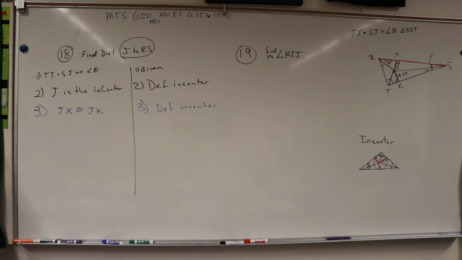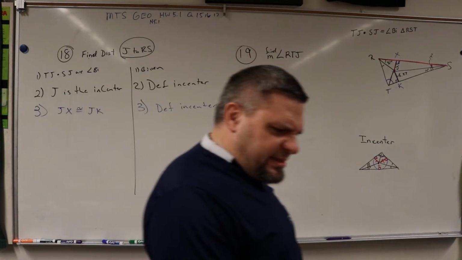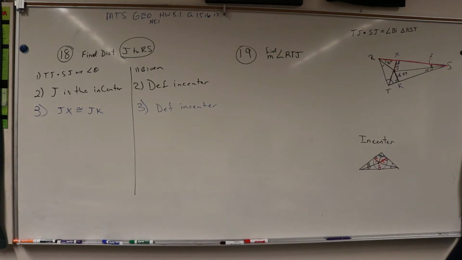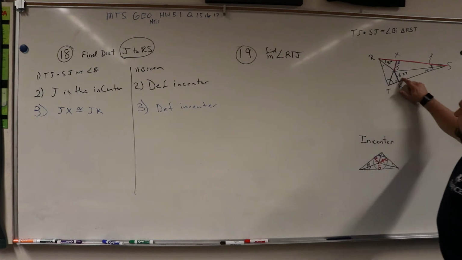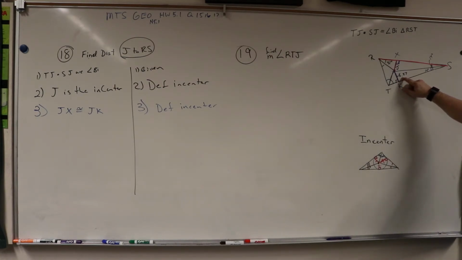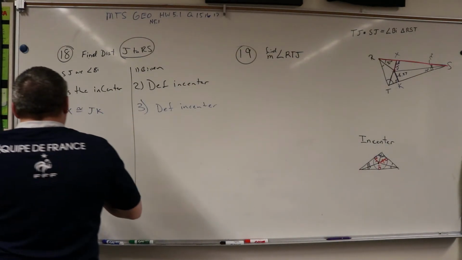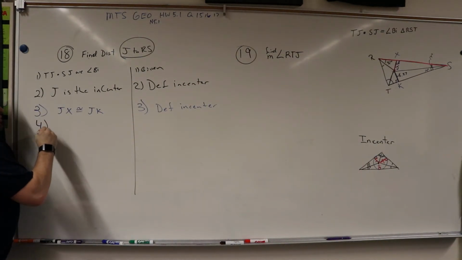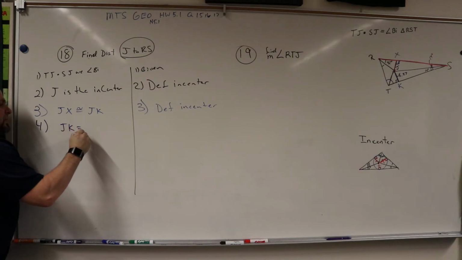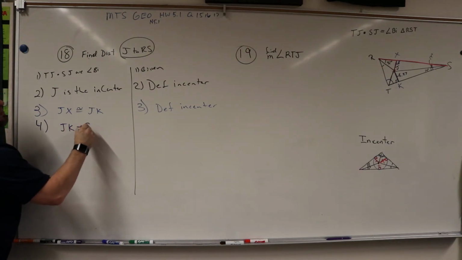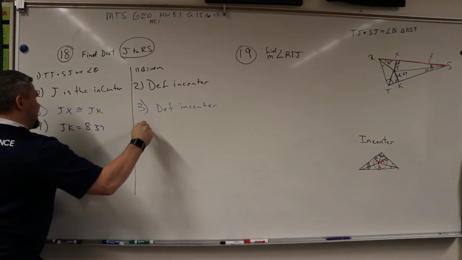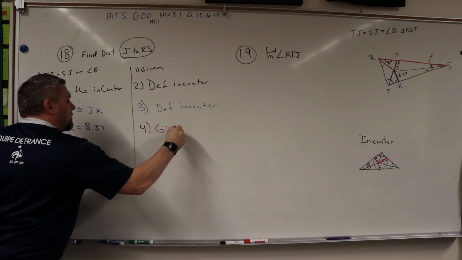Well, do we know what JK is? It's listed right here. It says JK is 8.37. So JK equals 8.37, and that's a given, because they gave it.